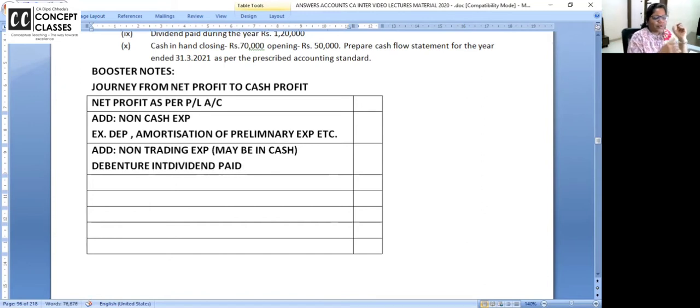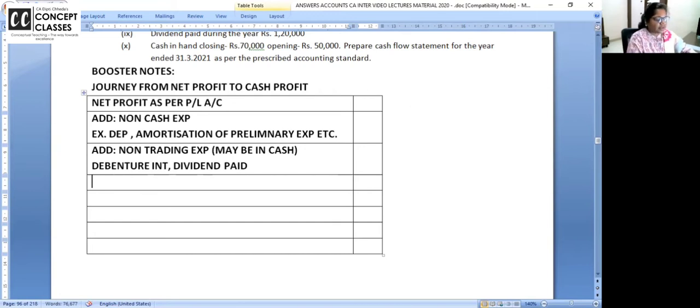You can add more examples as we go and do this chapter more thoroughly. ठीक है, clear है आप सबको? So debenture interest, dividend paid, ये सब क्या हो गया हमारा? Non-trading expense, right?